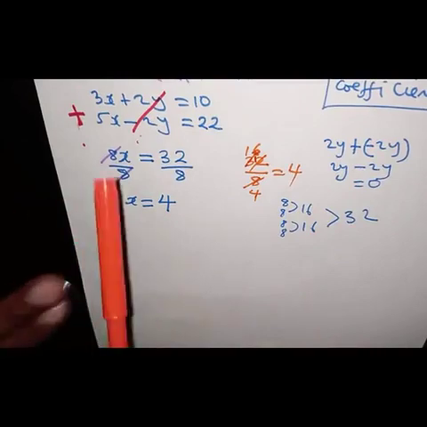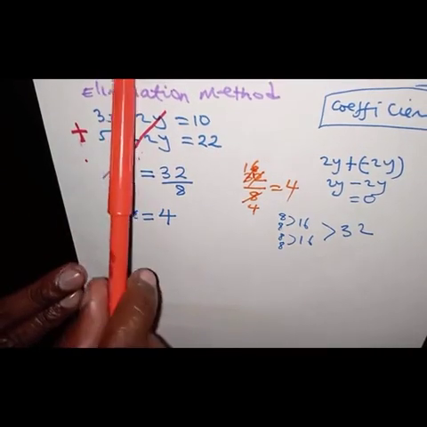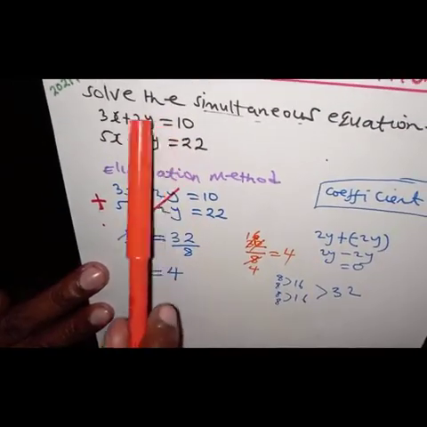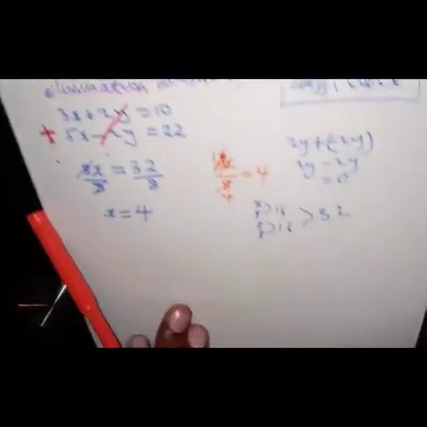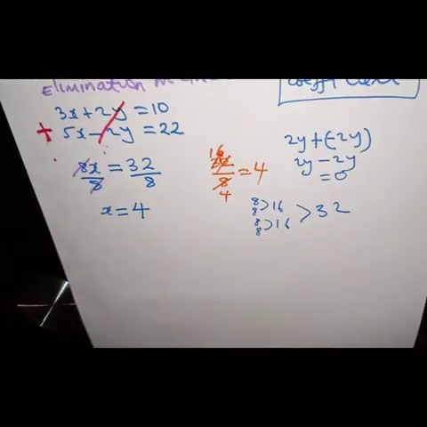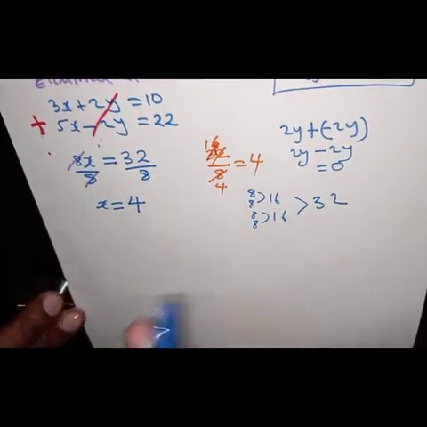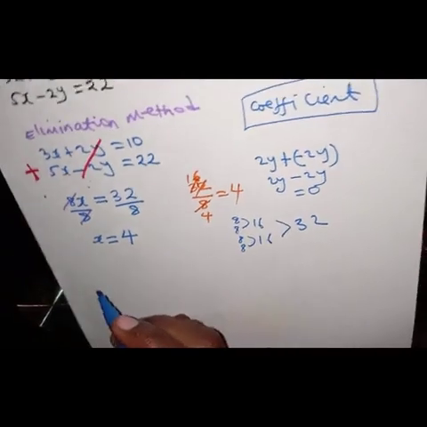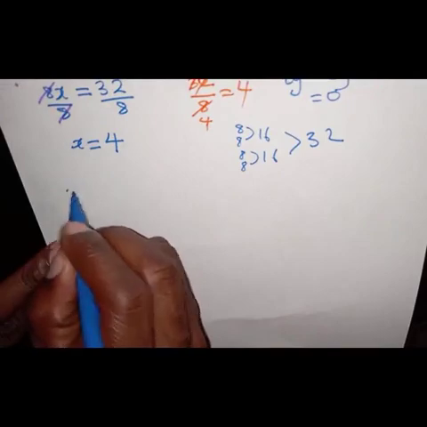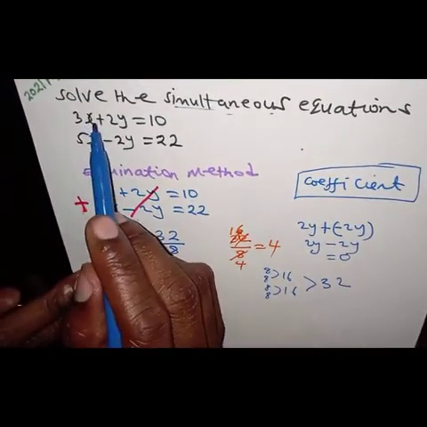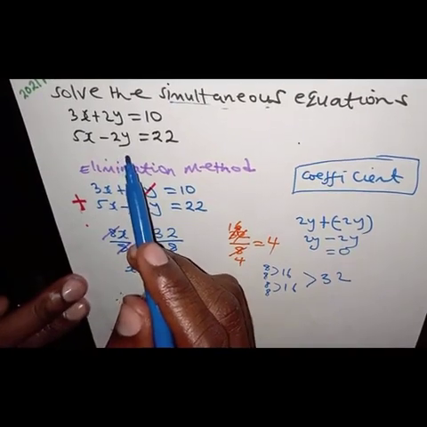Now, we can see y in the question. So let us also find the value of y. Therefore, you choose any equation, whether the first one or the second one, to substitute.